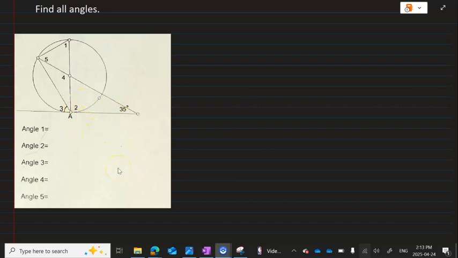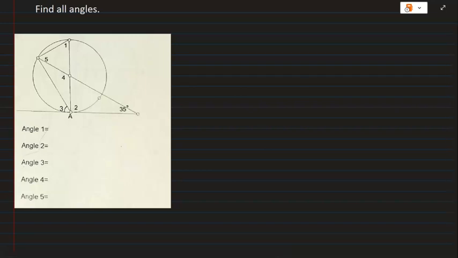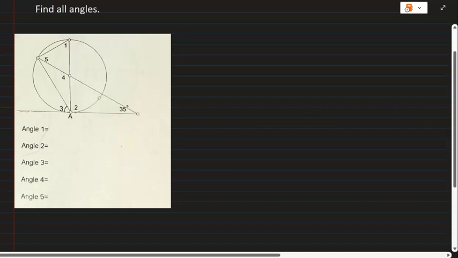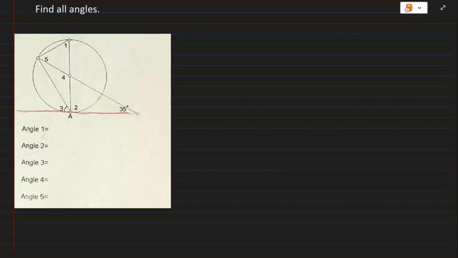A couple of things you have to remember. Number one is that you have what is called the tangent line. This line right here that you see is the tangent line, and this line right here coming through is the radius.